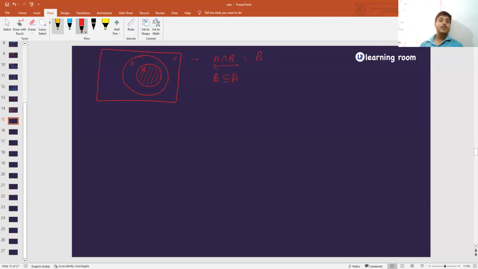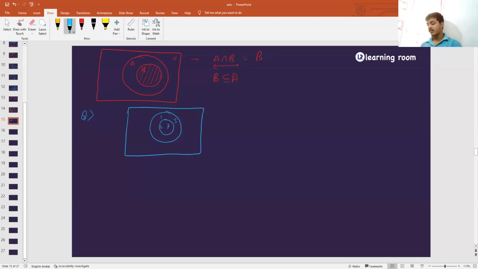So let me give you one question then. Try to solve this question. We have a set like this. This is 1, 5. This is 3 and 7. Three and 7 here. And in the universal set, we have 2, 4, 6, 8.